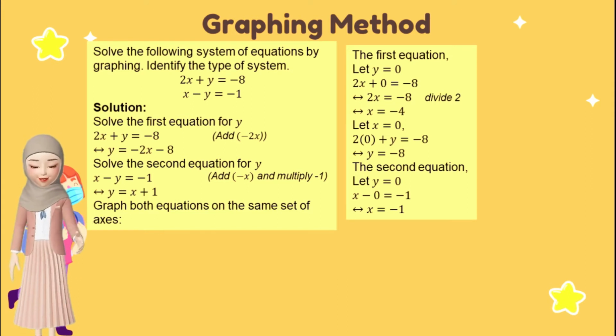Divide both sides, we get x equals minus 4. Next, let x be 0. 2 multiplied by 0, plus y equals minus 8. So, we get y equals minus 8.